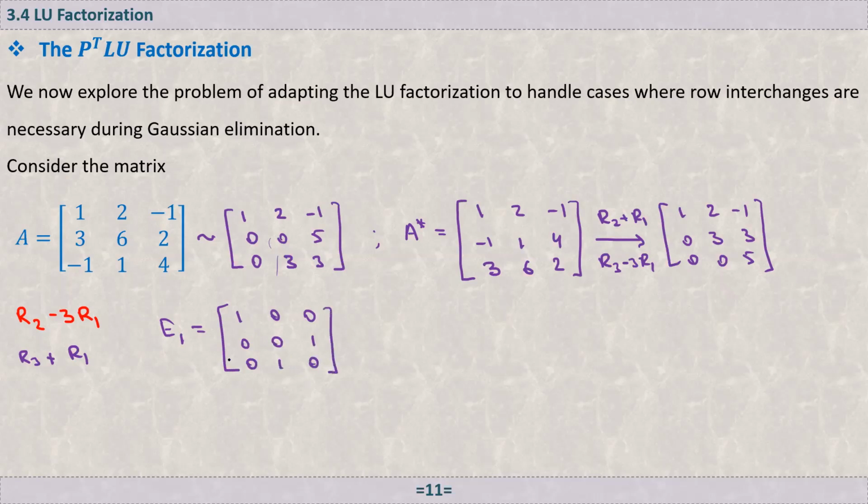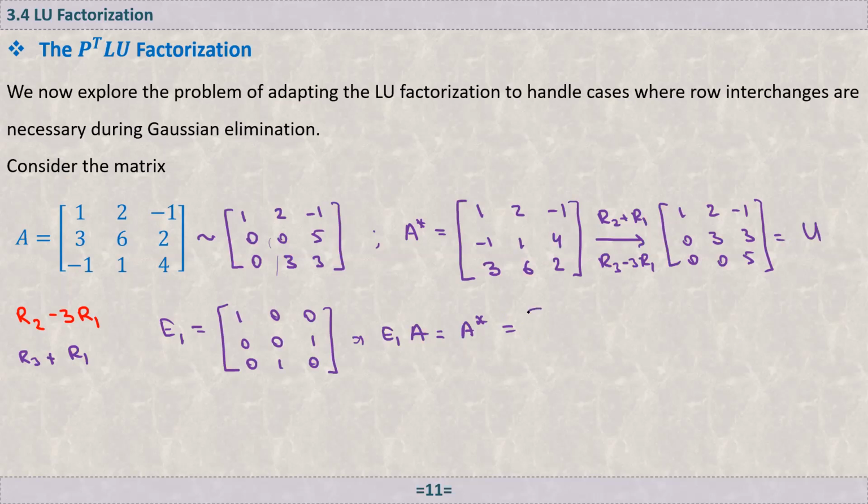Actually, what is the effect of this elementary matrix on A? And see here, how did I obtain this? By interchanging the second and third row of an identity matrix. So if I just multiply this E1 by A, what is E1 by A? That gives us this matrix, that gives us this A star, right? Which is equal to that thing, right? And this is equal to U already.